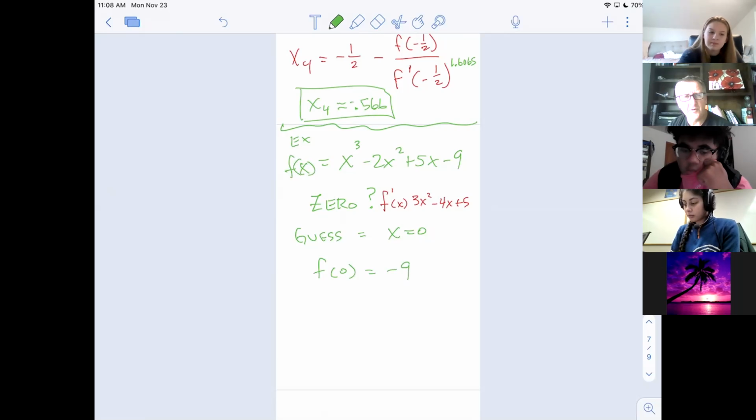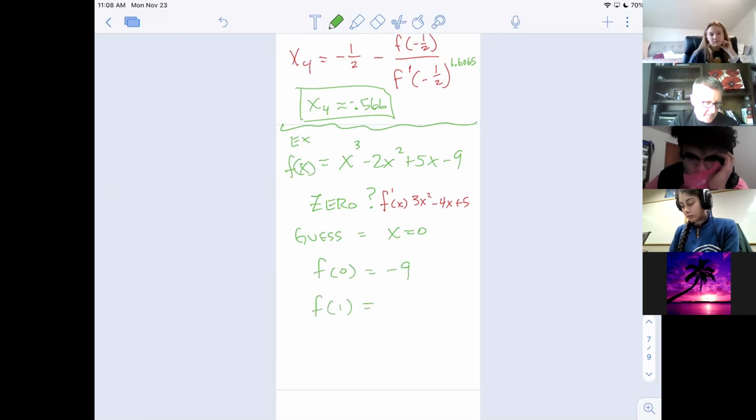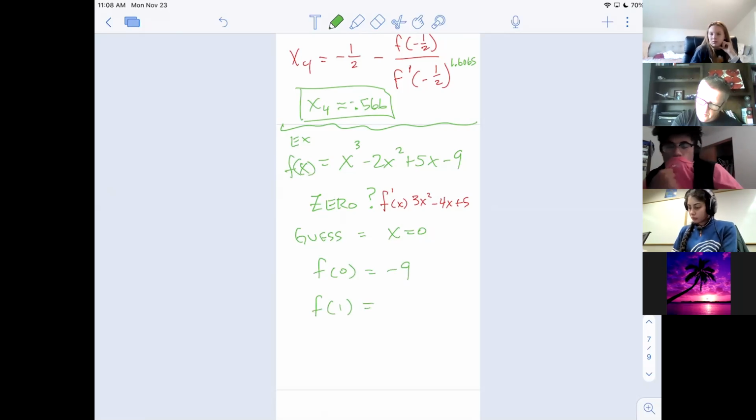So notice if you're Newton and you want to make a good guess, couldn't you try some other stuff like, I wonder what f of 1 is. To save a little time, I'm going to type this in my graphing calculator so that I can get these answers without working so hard. Plus 5x minus 9. If I hit graph and trace, I'm just using my calculator to steal this for me.